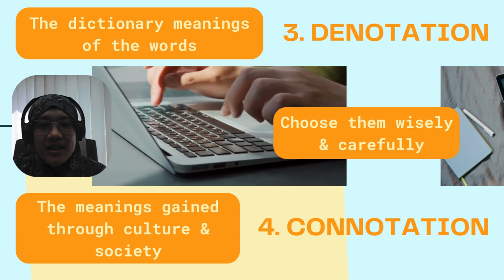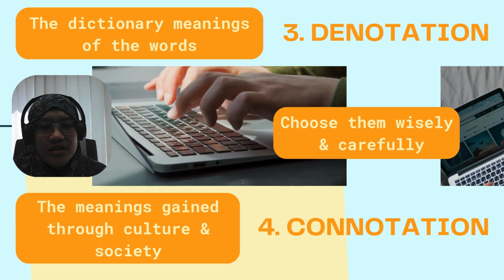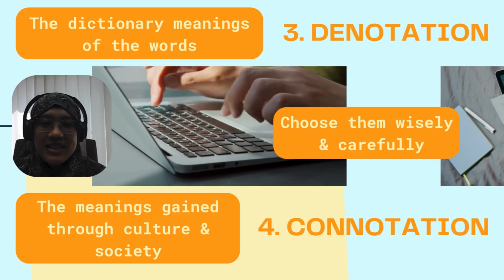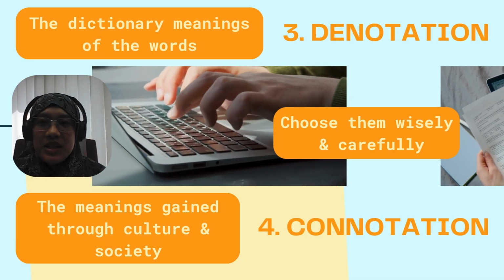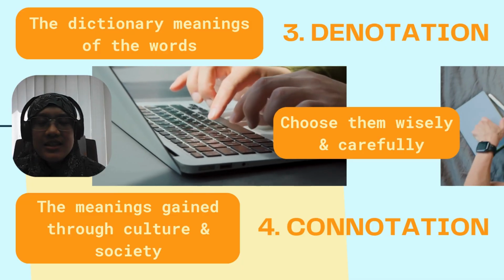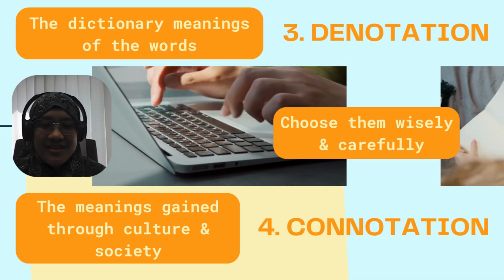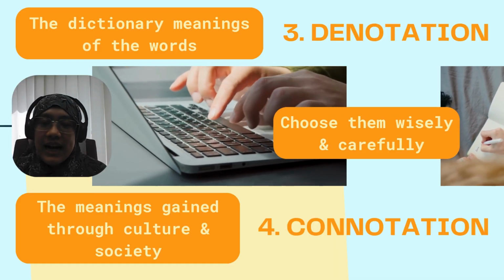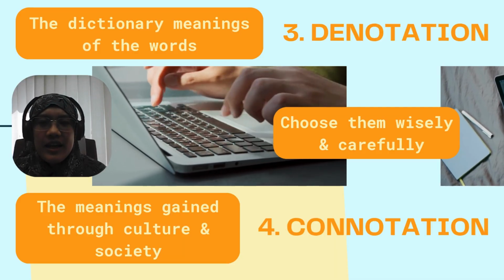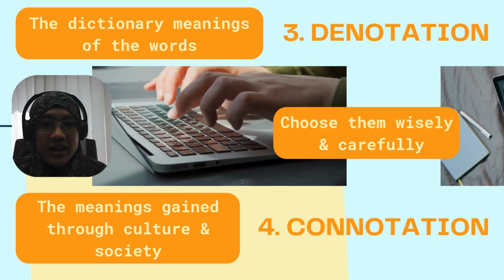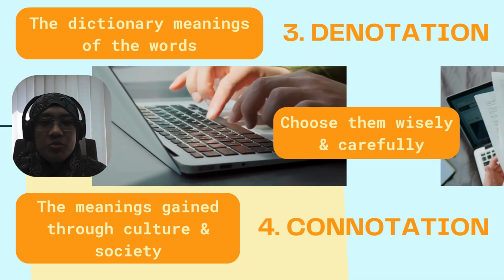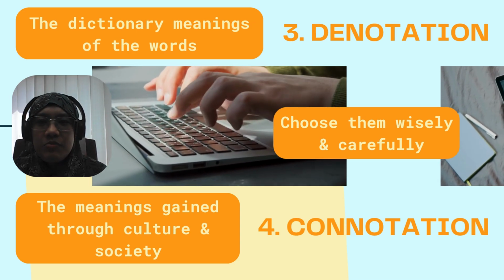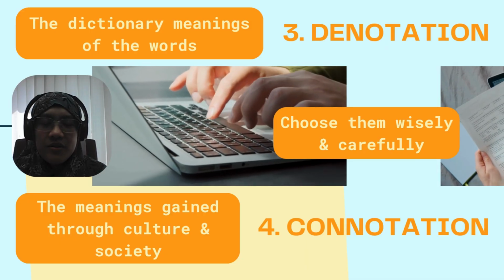This is because in some cultures, certain words are considered acceptable, appropriate, but the same words might be inappropriate or unacceptable in some other cultures. For instance, some cultures might view the word die, D-I-E, as perhaps too direct or inappropriate in some situations, but they prefer to use the words pass away instead of die.